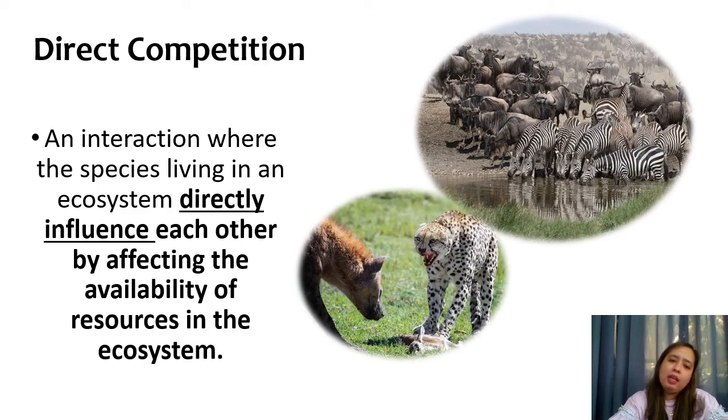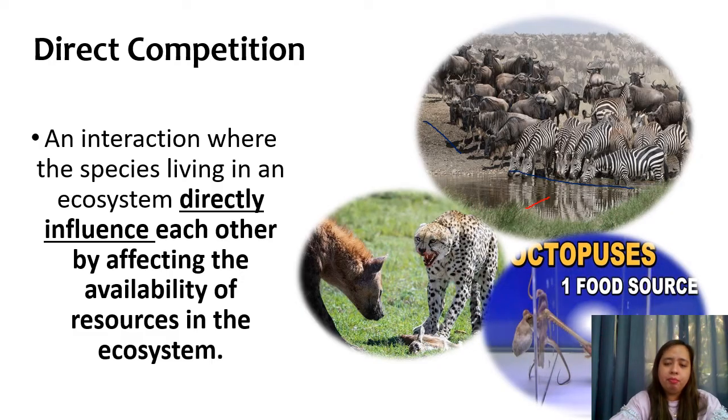So that can happen, no? In between two predators on one prey, like that. Or even if, as you can see in here, we have the water buffaloes and that of the zebra on the limited resource of water here. So, there's a direct competition, as in head-on competing in here. Okay?